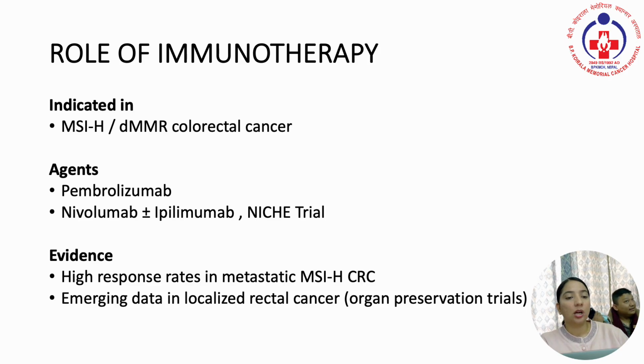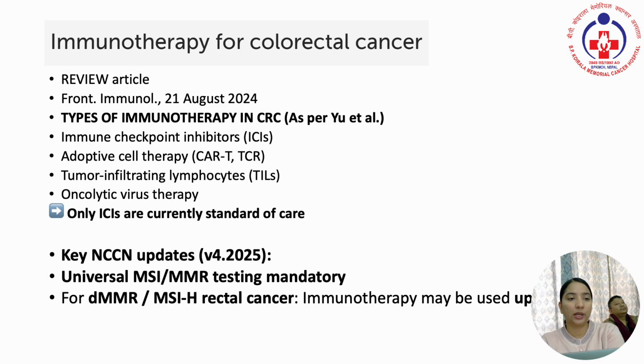And for the evidence, there is a high response rate in metastatic MSI-high colorectal carcinoma, and also there are emerging organ preservation trials where for localized rectal carcinoma we can only use immunotherapy with chemotherapy and defer the surgery. Not go for the surgery, only give the immuno or the chemotherapy.